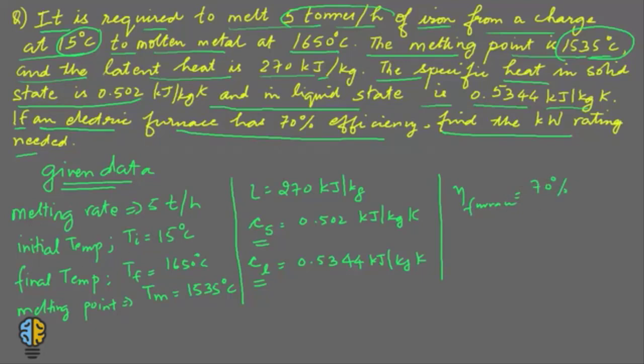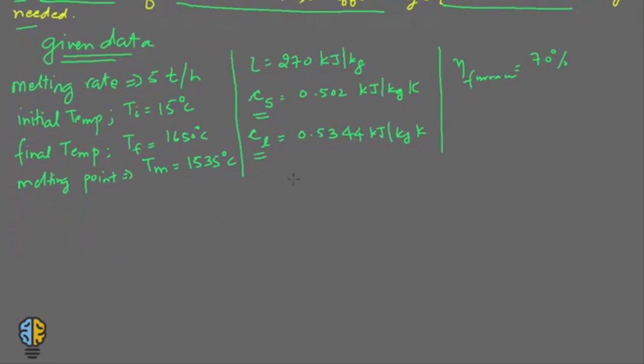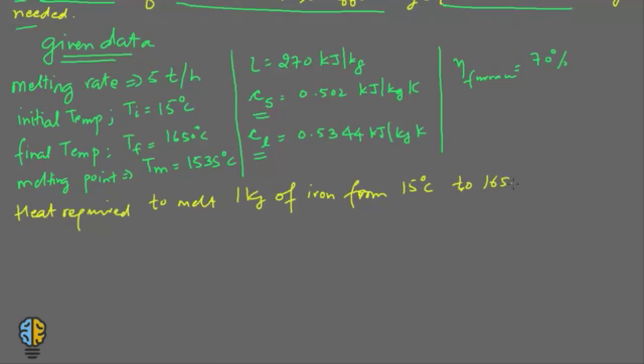Alright, so now let's start with the solution to this given question. Let's first of all find out the heat that is required to melt 1 kg of iron from 15 degrees Celsius to 1650 degrees Celsius.